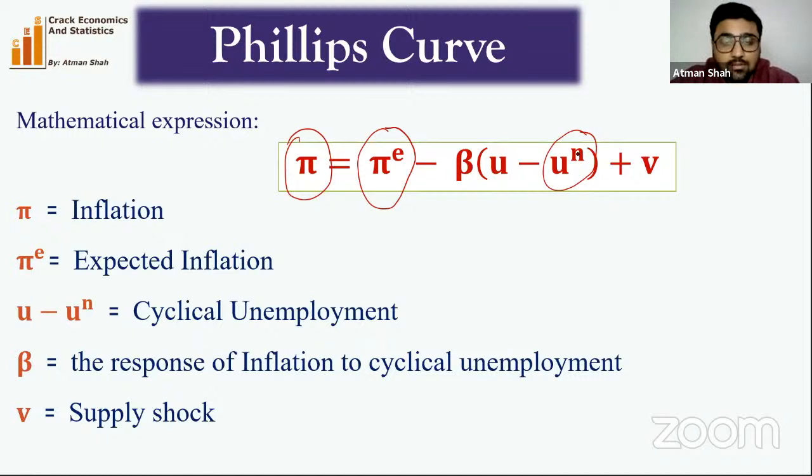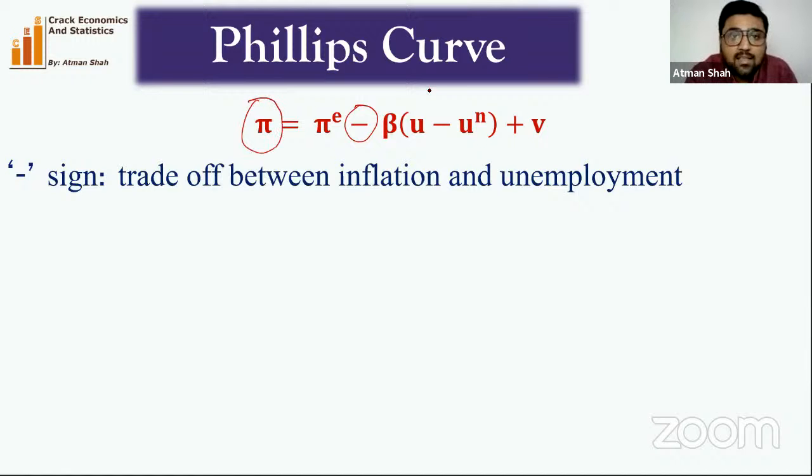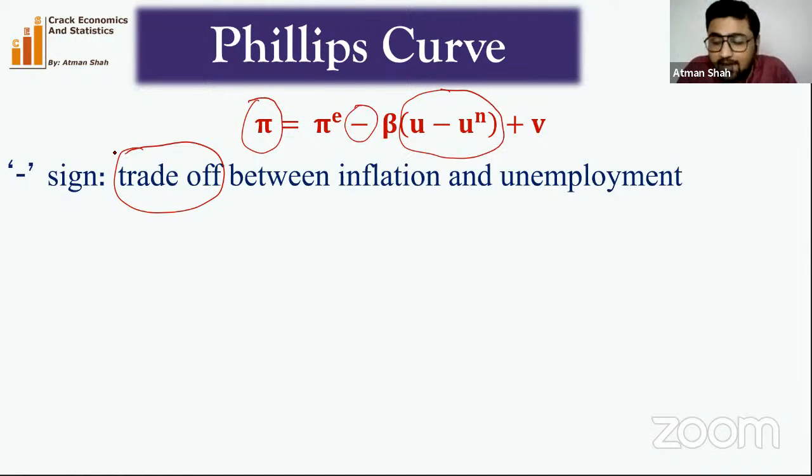With this equation, we can explain the relationship between inflation and unemployment. Now you can see this minus sign before the beta coefficient, which means that inflation pi and unemployment are inversely related. So there is a trade-off between inflation and unemployment. This minus sign shows that there is a trade-off between inflation and unemployment.